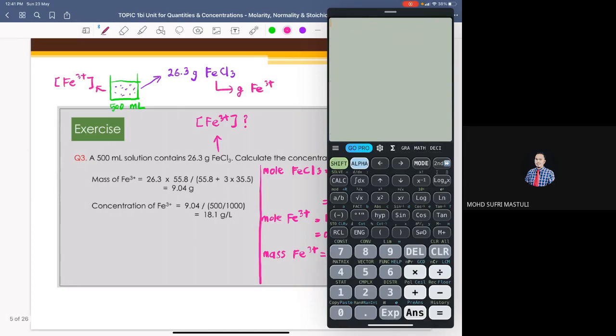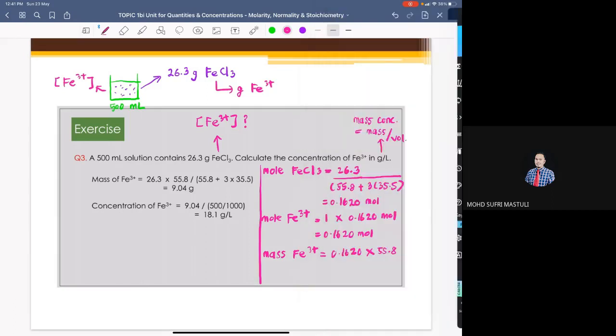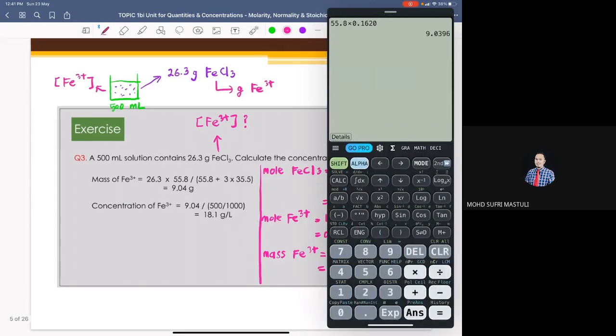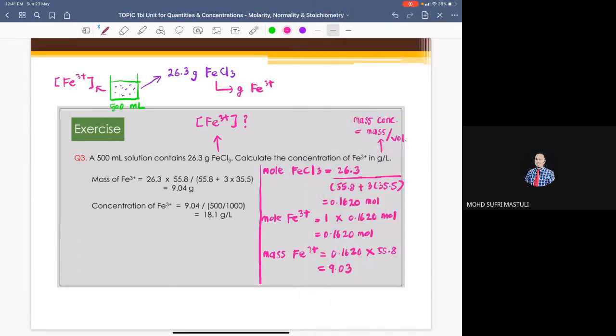So 55.8 times 0.1620 gives 9.0396 gram. Okay, so after you obtain the gram, you can calculate the concentration of Fe.